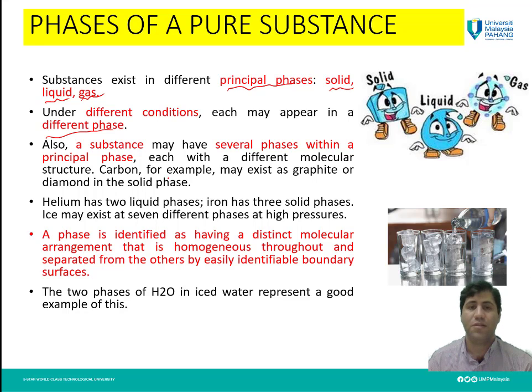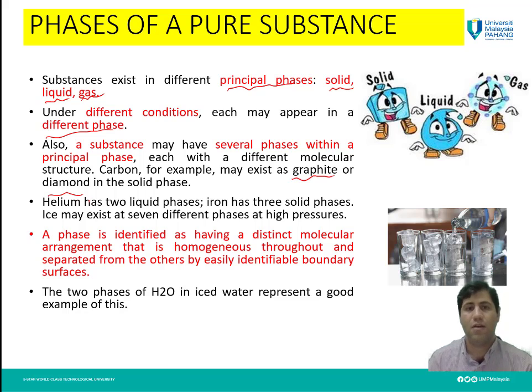Carbon, when it is in the solid phase, has two different distinct structures. It can be graphite or diamond in the solid phase. So in just one phase, it can have two different structures. This is just an example.